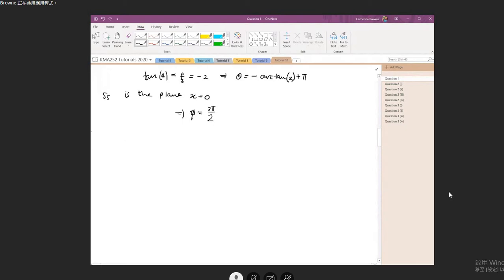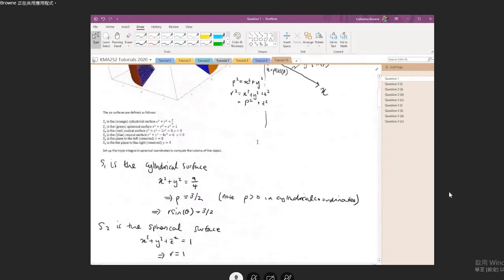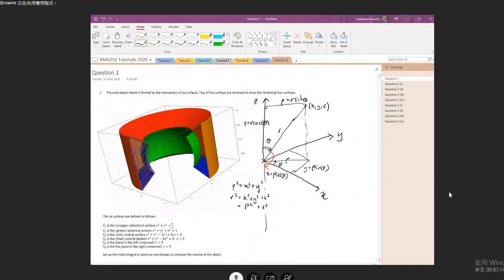And then S6 is the plane y is equal to 0, which implies that phi is equal to 0, because the phi comes off the x-axis here. So this is that surface 6 plane here.